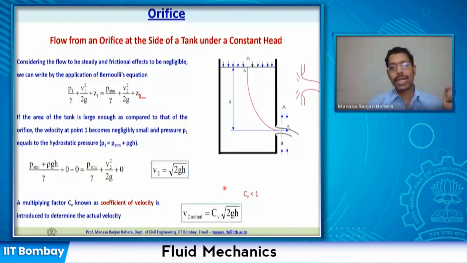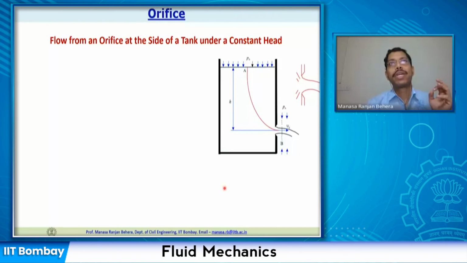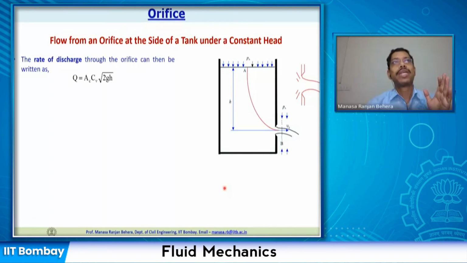All right, now let us look at the orifice meter, orifice. If you look at the rate of discharge through the orifice, that can be written as AC multiplied by Cv. AC is the area at the vena contracta. So AC multiplied by Cv square root 2gh, and the same way AC you can write down as A0 multiplied by Cc.